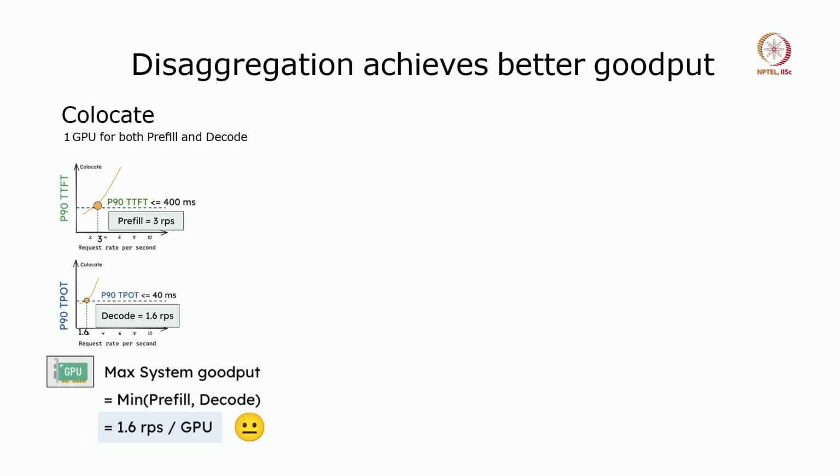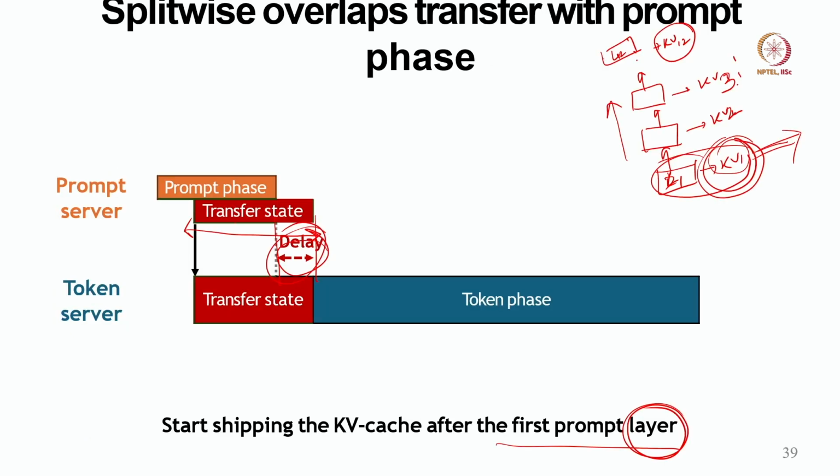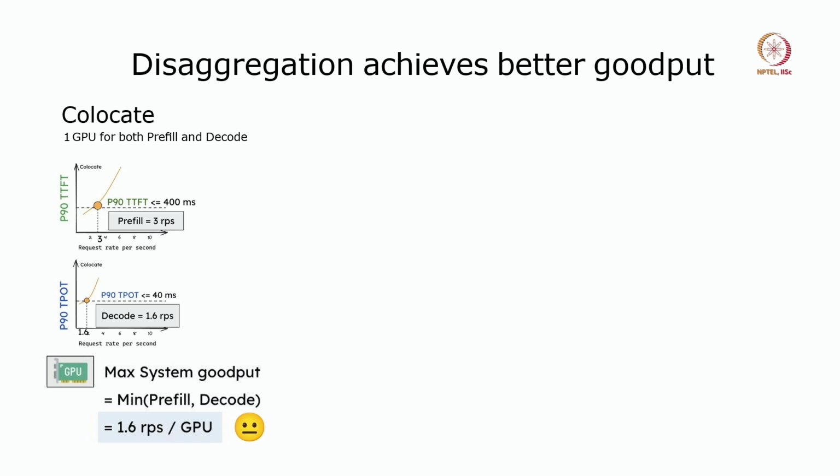We are distributing the computation. Now we can have one prefill server, one decode server, or one token server and another prompt server. Now it is time to see the results. We will see whether that disaggregation achieves better goodput or not. Okay.